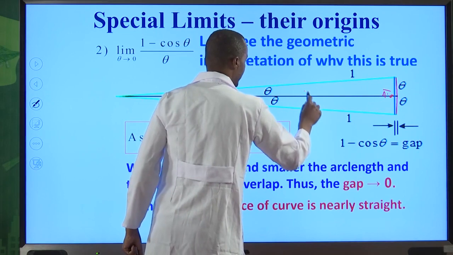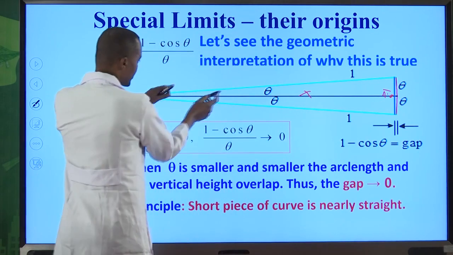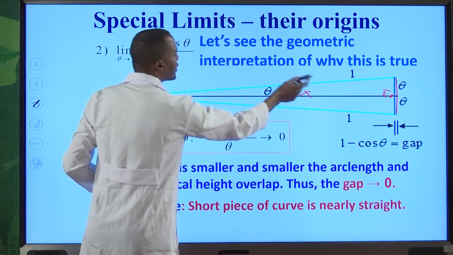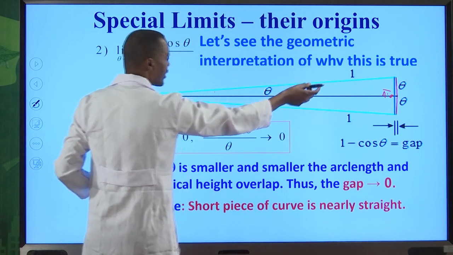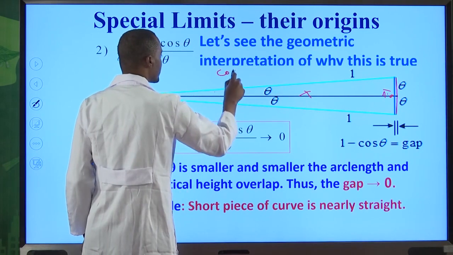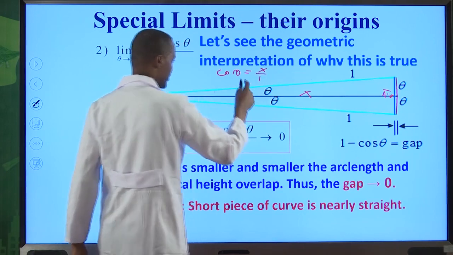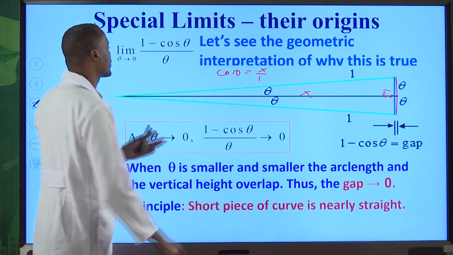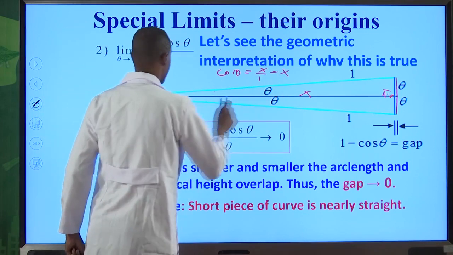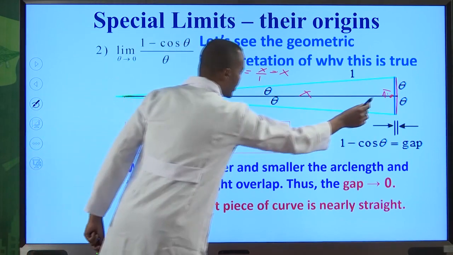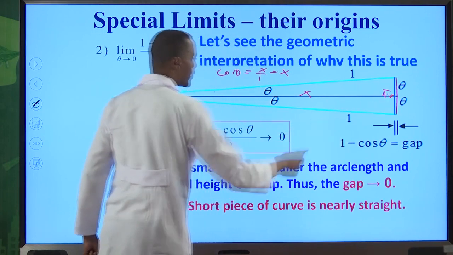And then if I say this is x, cosine of this angle theta is the adjacent divided by hypotenuse. So cosine of theta is the adjacent x divided by hypotenuse 1, because it is a unit circle again. So that is simply x. So from here to there is just x.